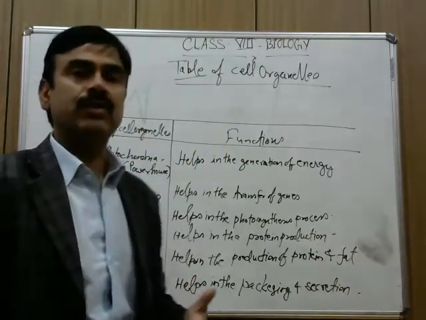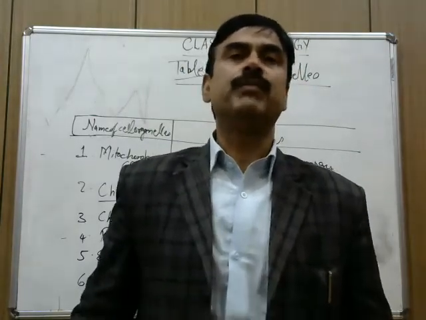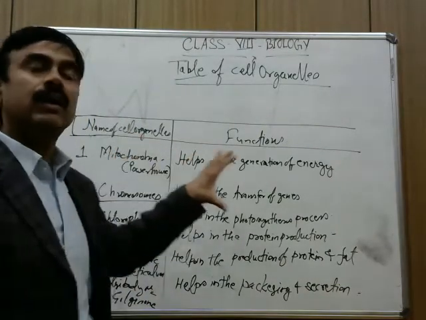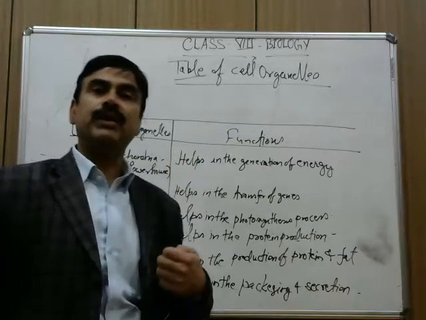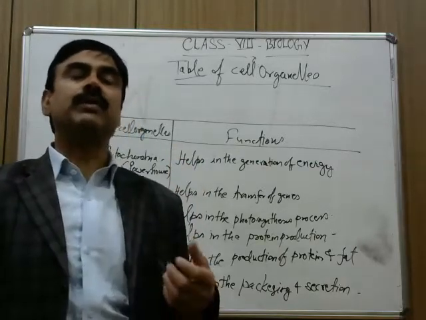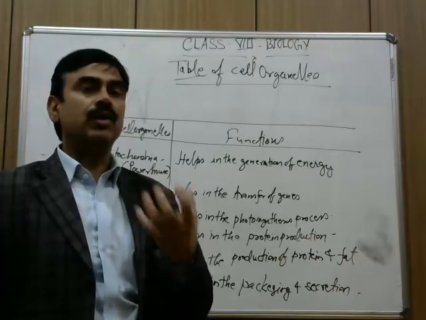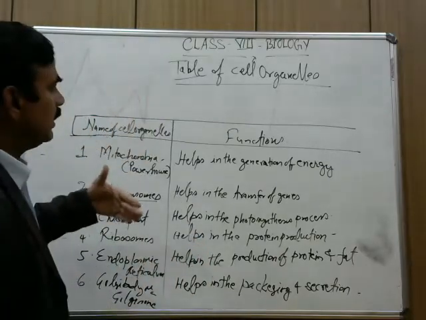Vacuoles help in the storage, food vacuoles help in the storage of food particles. Okay, so when you see the structure, you have to remember the shape and size of that cell organelle, and after that you have to remember their specific function. The individual role is very important in these cell organelles and their functions.